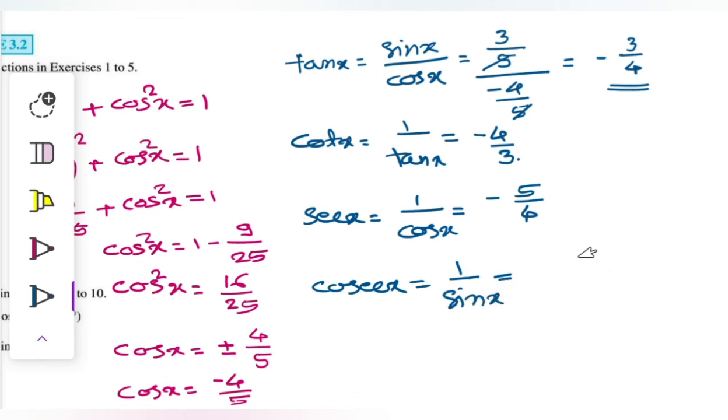We have the value of sin x as 3 by 5. So cosec x is 5 by 3. Only cosec and sine are positive here. The rest are negative.